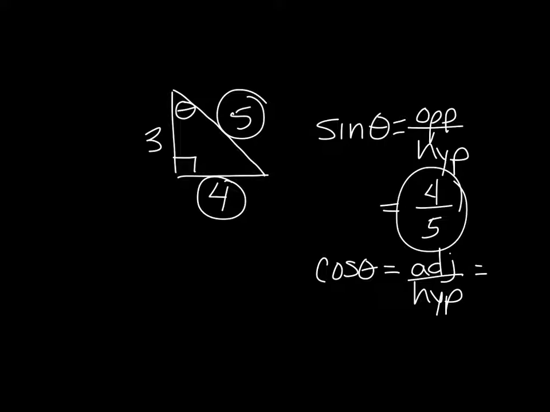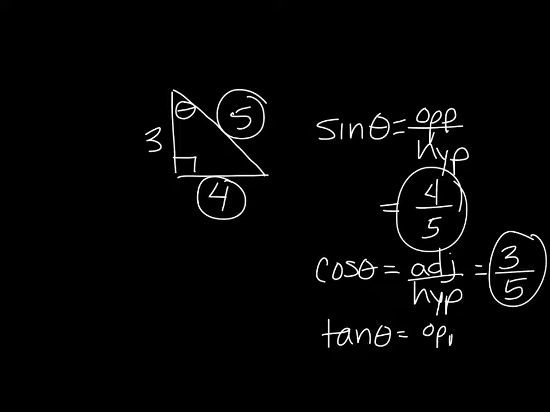So my adjacent side to the angle is 3 this time, and the hypotenuse again is 5. Again, it's just coming up with the fraction. Tangent is going to be the opposite over the adjacent. And so in this one, the opposite is 4, the adjacent is 3, and so there's your fraction.